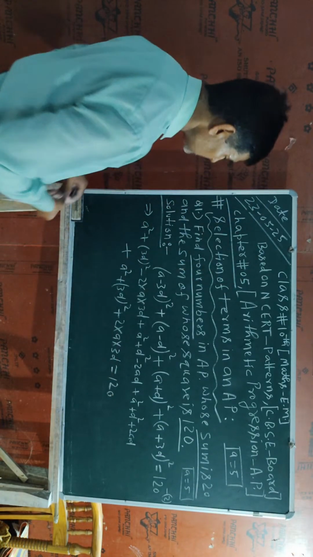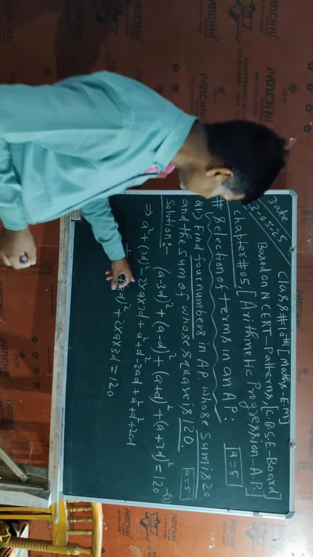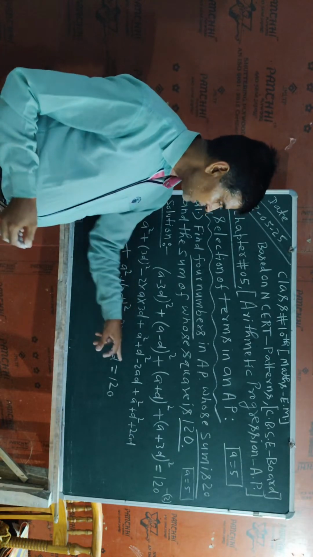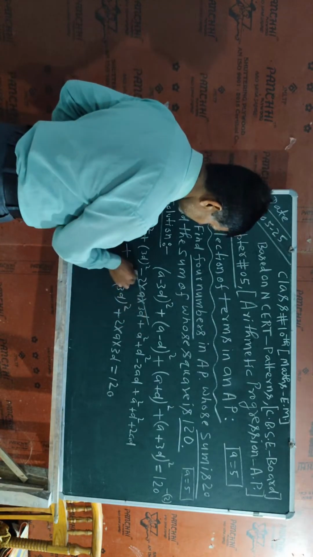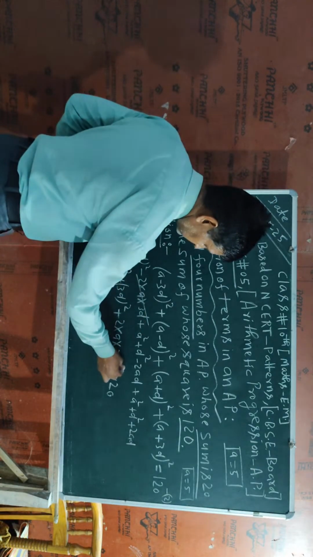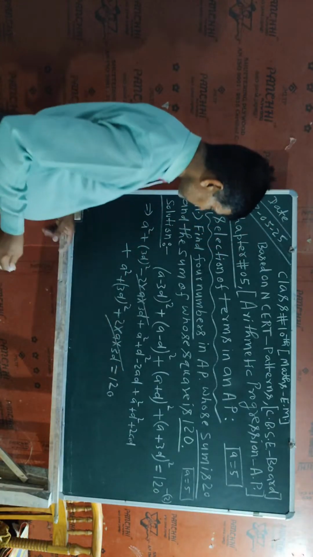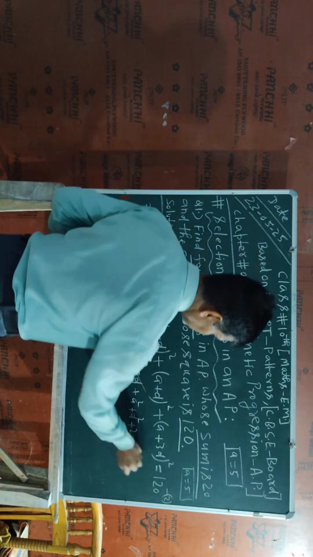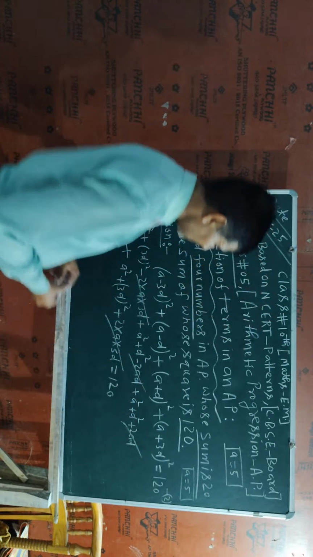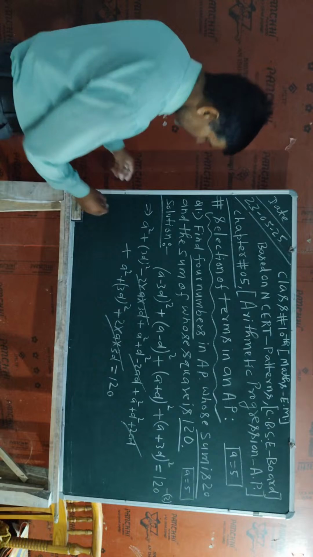Now the student has to concentrate. Here will be 6ad and here will be also 6ad, so this term I will cut. Okay. Now here 2ad and here also 2ad, that is also cut. So again I will simplify.